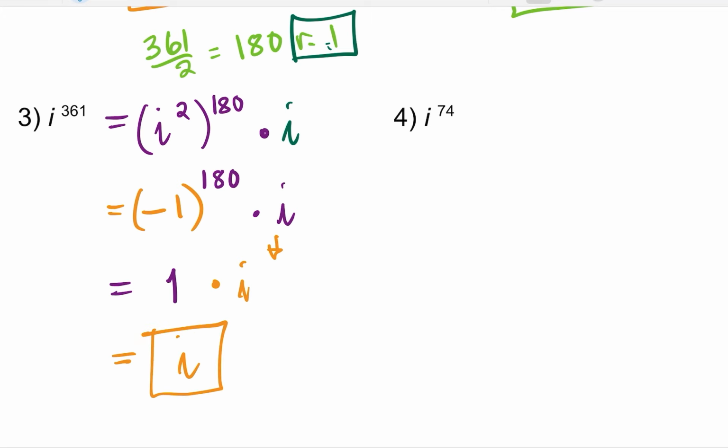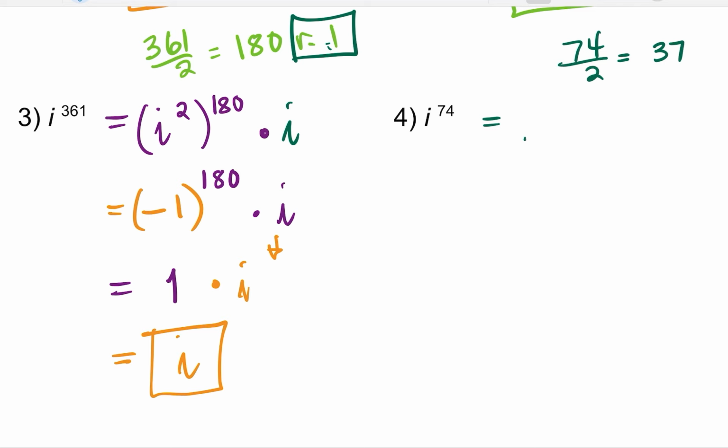Now let's try this one more time. So 74 divided by 2 is equal to 37. There's no remainder. That is good.